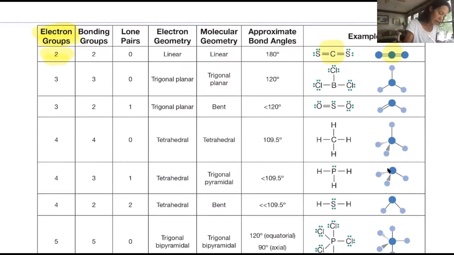We've got this domain and this domain, giving us a total of two domains. Both of those domains are bonding, and there are no domains around the central atom that are not bonding.